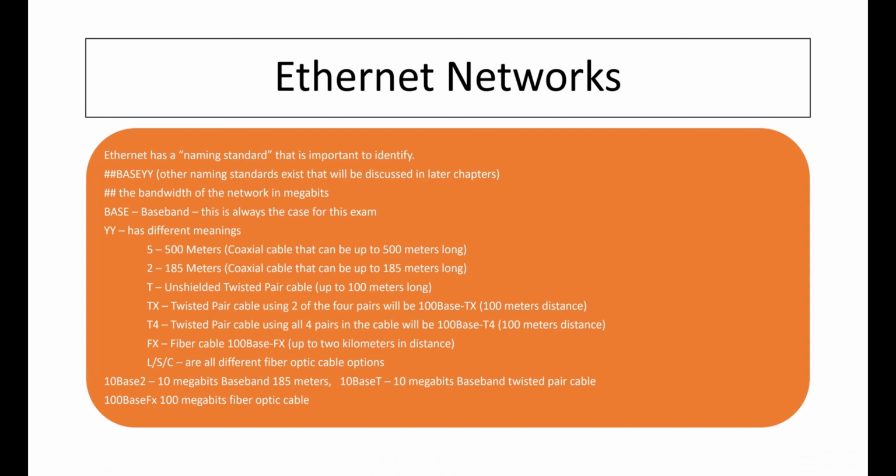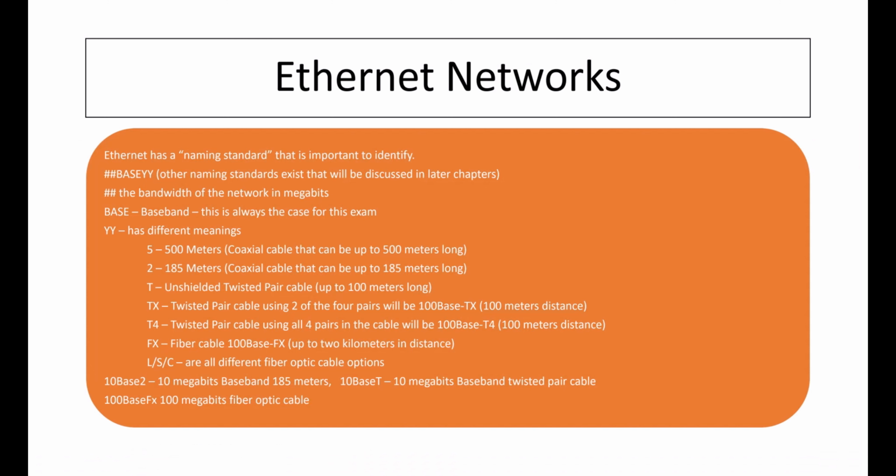That's the bandwidth of our network, and that number is in megabits. So 10 is 10 megabits per second, 100 megabits, 1000 is 1 gigabit or 1000 megabits per second, and then of course 10,000, which is 10 gigabit, 10,000 megabits.